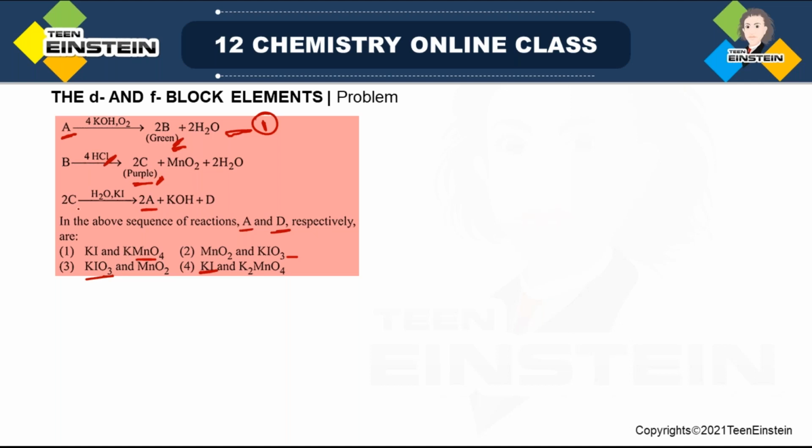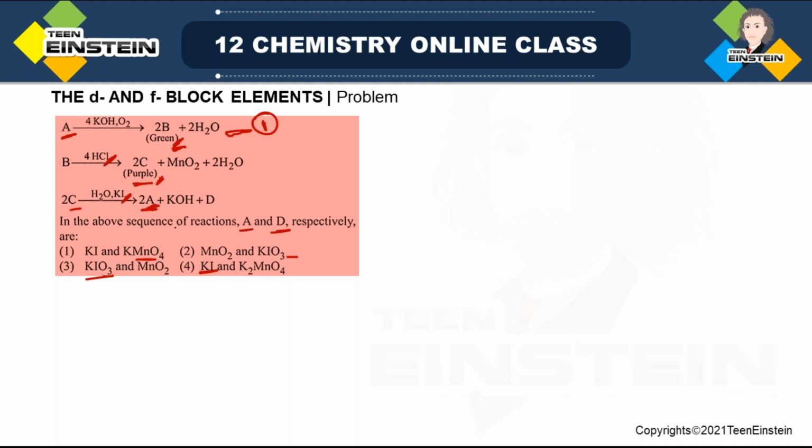And potassium permanganate C in presence of KI. Now KI is the source of iodide ion, I-. So I- will act as a reducing agent. So I- will itself be oxidized, and KMnO4 will be reduced.